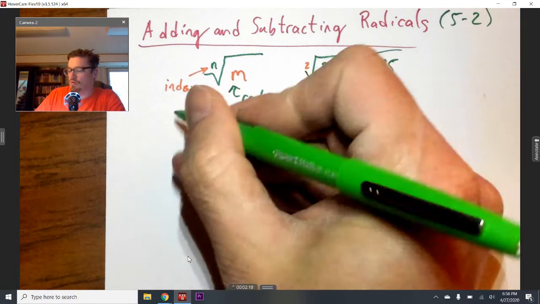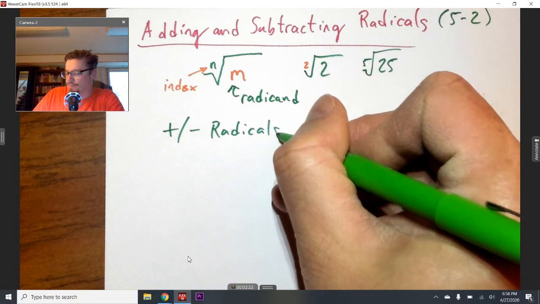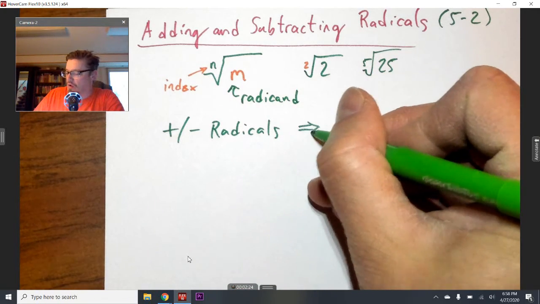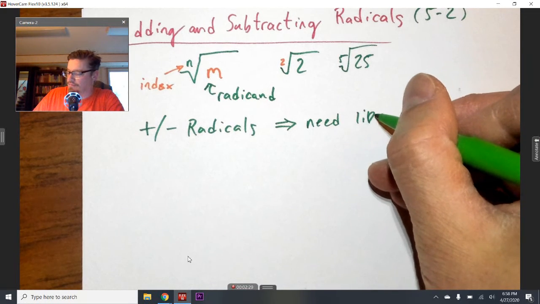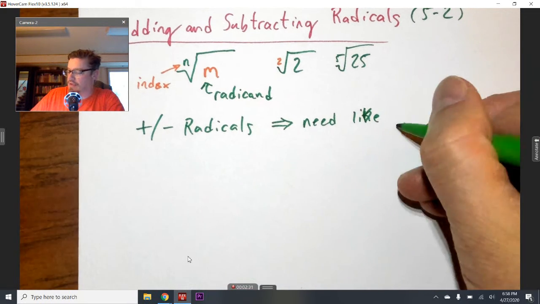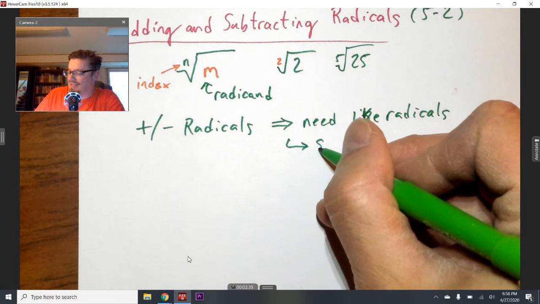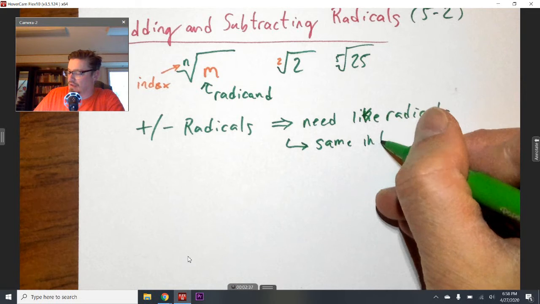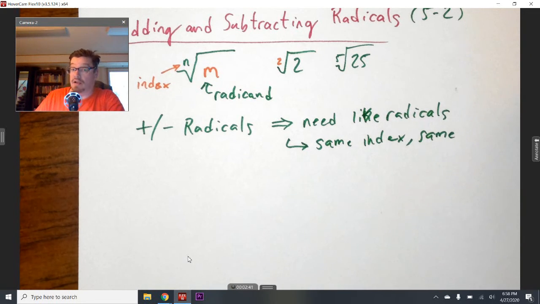Now, in order to add or subtract radicals, you need like radicals. Like radicals means same index, same radicand. They have to look identical.